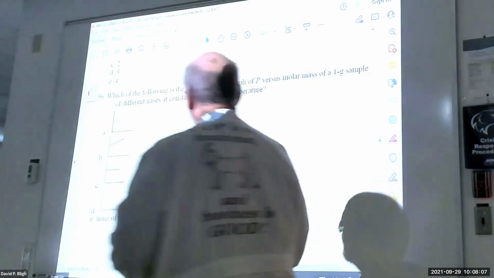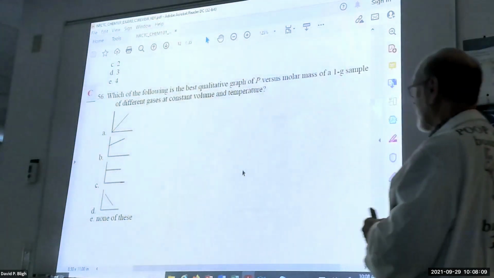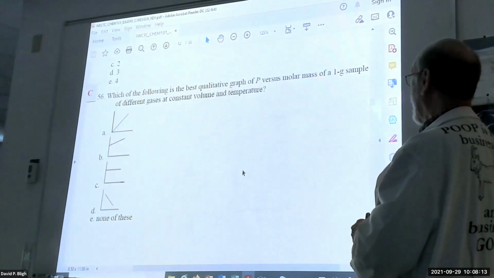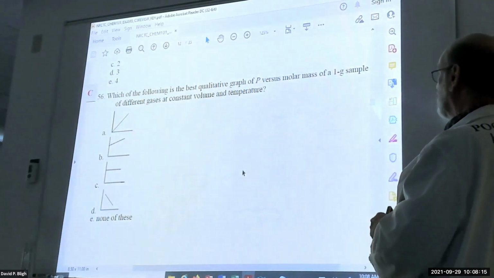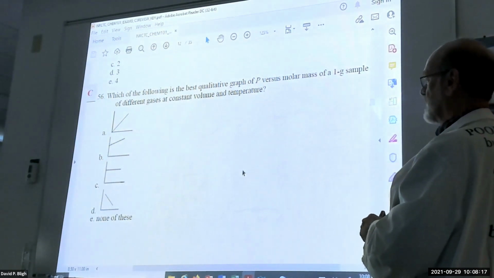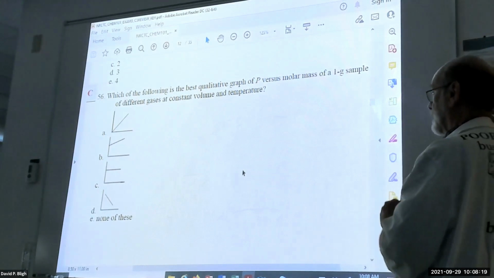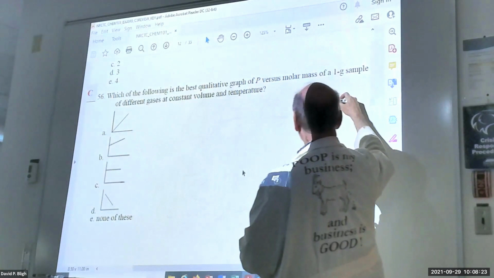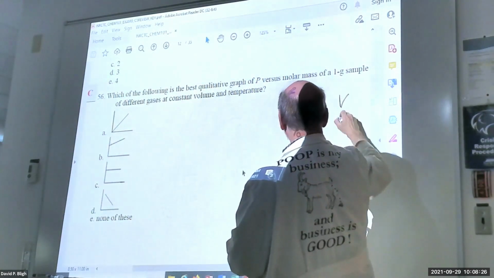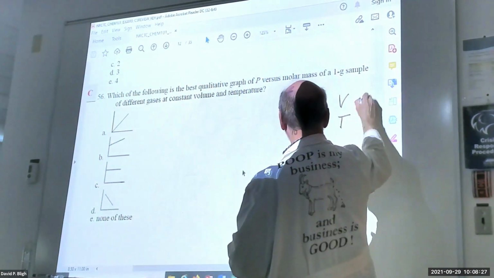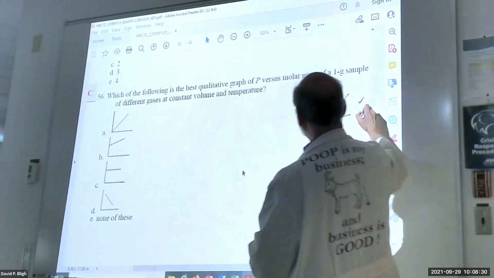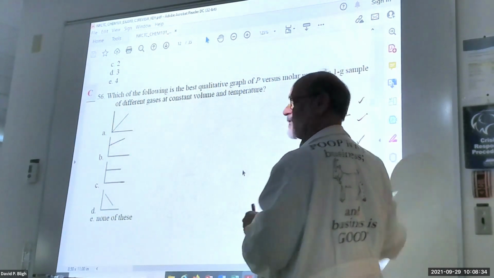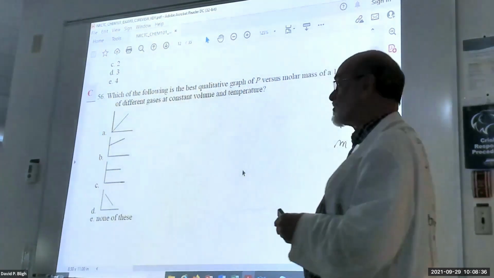56. Which of the following is the best qualitative graph of pressure versus molar mass of a 1 gram sample of different gases at constant volume and temperature? All right, so let's work backwards. Volume is constant. Temperature is constant. 1 gram, mass is constant, 1 gram each.